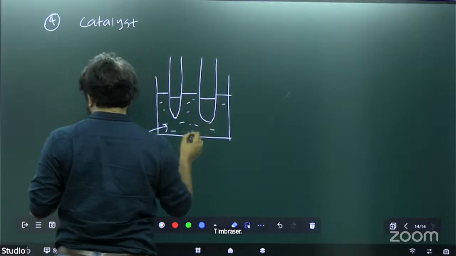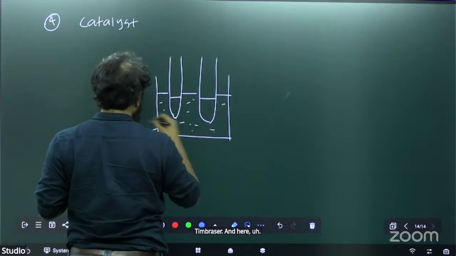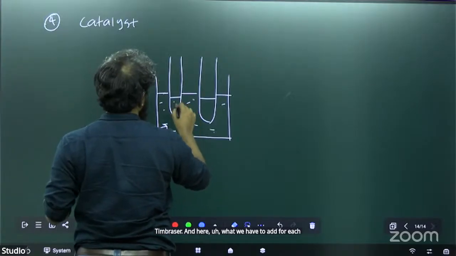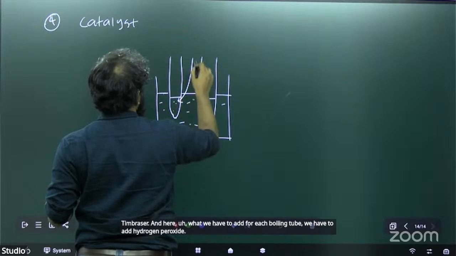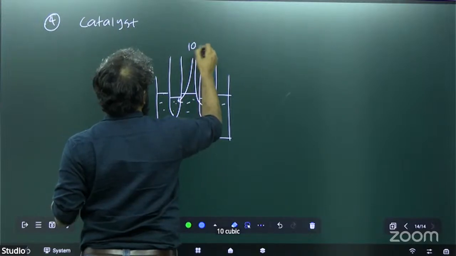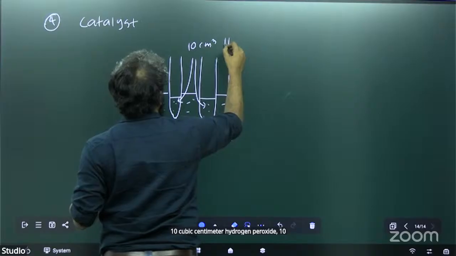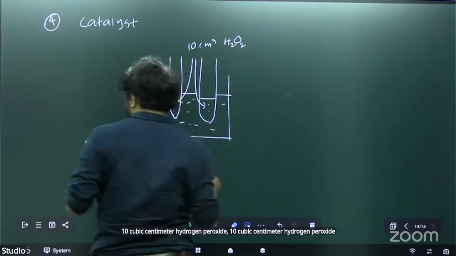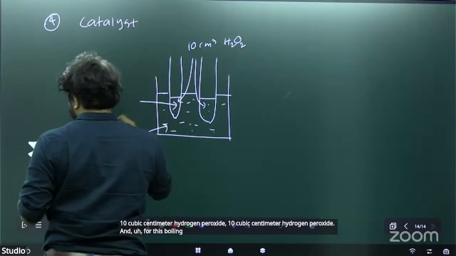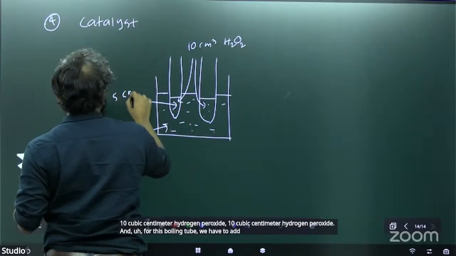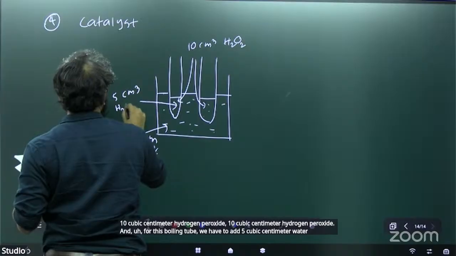And here, what we have to add for each boiling tube is 10 cubic centimeter hydrogen peroxide. For one boiling tube, we add 5 cubic centimeter water other than hydrogen peroxide.